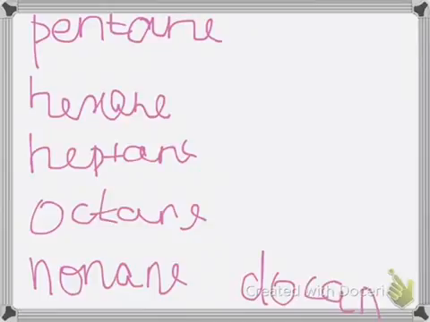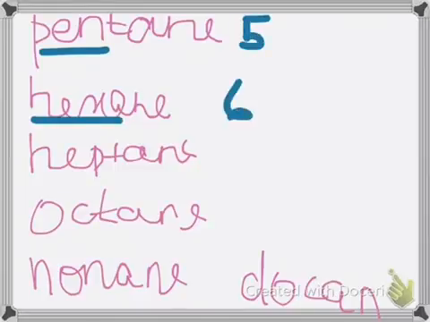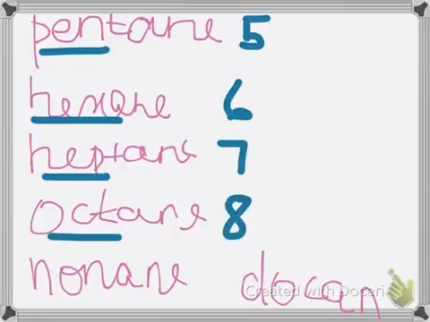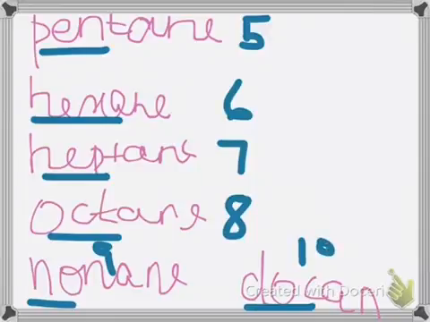So here pent stands for 5, hex stands for 6, hept stands for 7, oct stands for 8, non stands for 9, and dec stands for 10. So this is something which we should know.